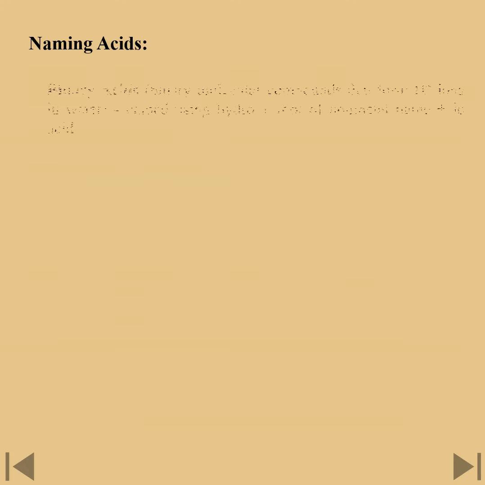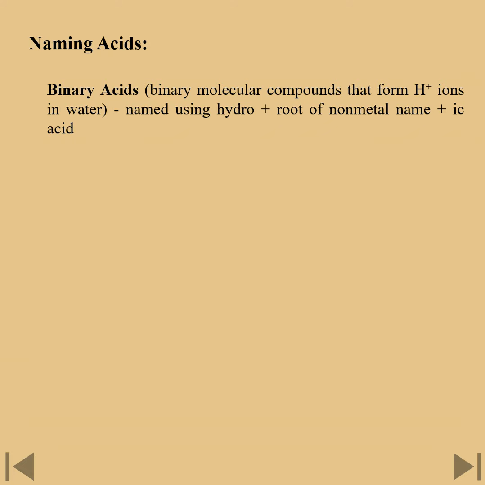On to naming acids. Acids come in 2 forms. We have binary acids, where we would have a hydrogen and some non-oxygen non-metal. To be an acid, it has to be able to form hydrogen ions.